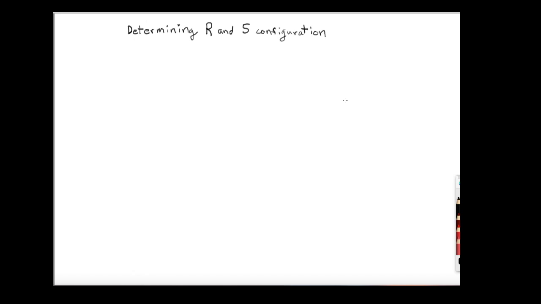Today's lesson number one will be a review on determining R and S configuration in molecules.